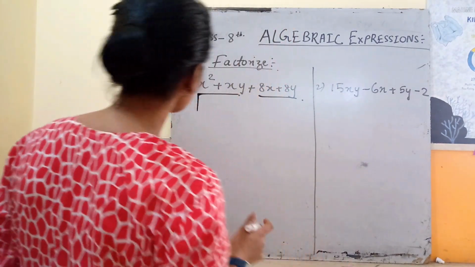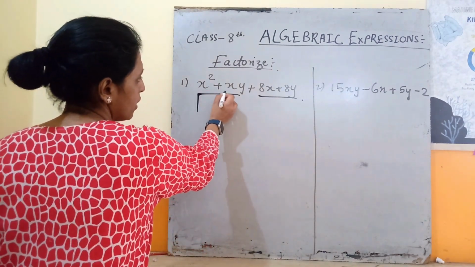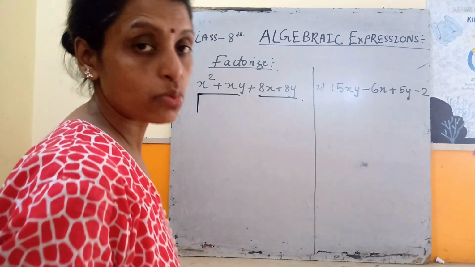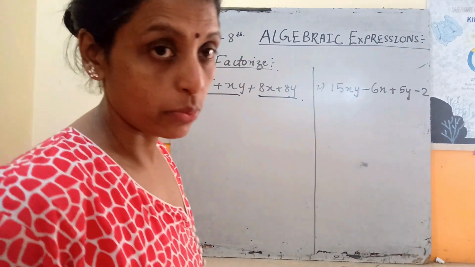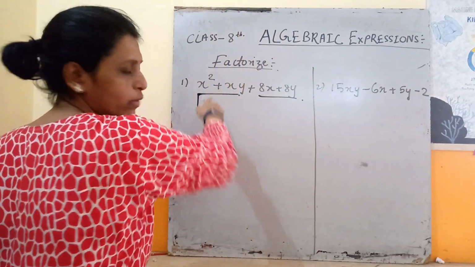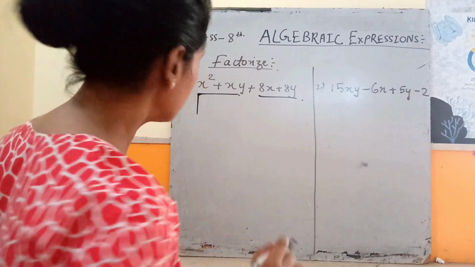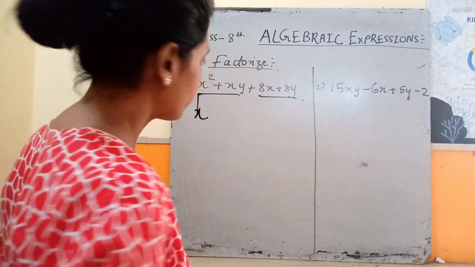You can see that in the first pair it is x square and xy, so at least we can take one x as common. Why? Because here we have only one x, so we cannot take more than one x as common. So we take one x as the common factor.